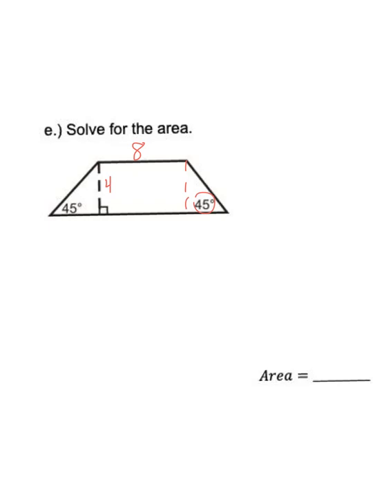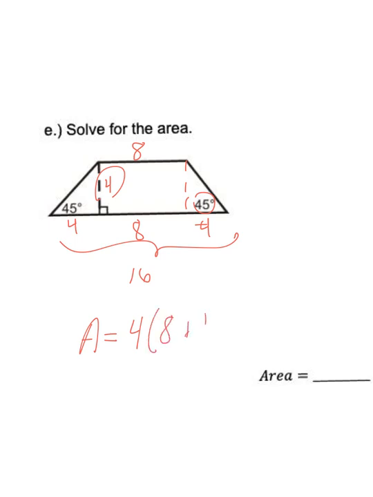So, if this is 4, then the other leg is 4 as well. And that would mean that this guy over here is 4 too. And I know that that's 8 because it's parallel to up there. So now I know that this whole base down here is going to be 16. And now I can just put it in there as A equals 4 times 8 plus 16 over 2, which gives me an area of 48.